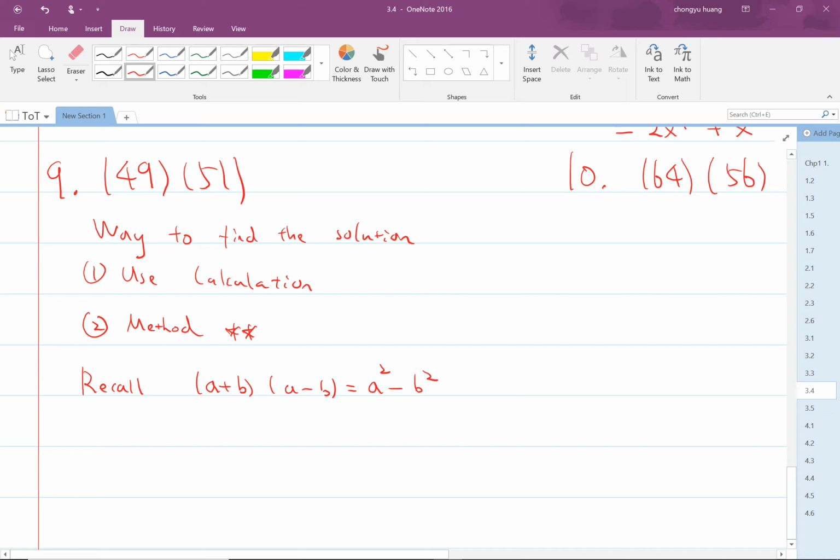The method here to make it much easier to calculate 49 multiplied by 51 is by using this property. But you may ask how we are going to use this property.